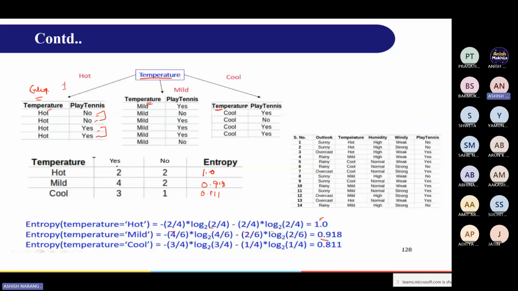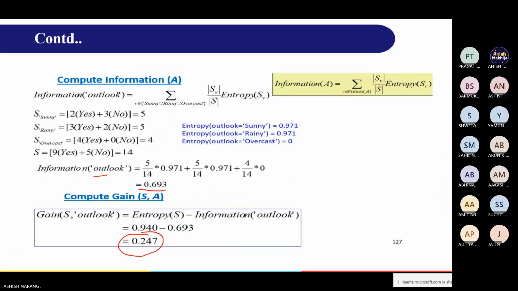What is the next step, please? What we did here to reach the value of 0.693? Quick answer, please.